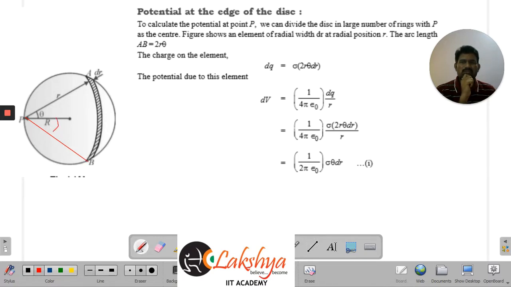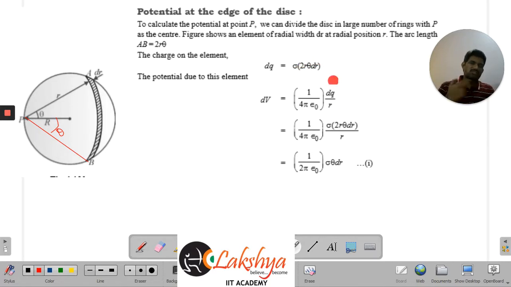So the total arc is subtending an angle of 2 theta, and the length of the arc AB you can write as 2r into theta. Now 2r theta into the width of this element gives the area, so that is 2r theta into dr. This is the total area of this element.